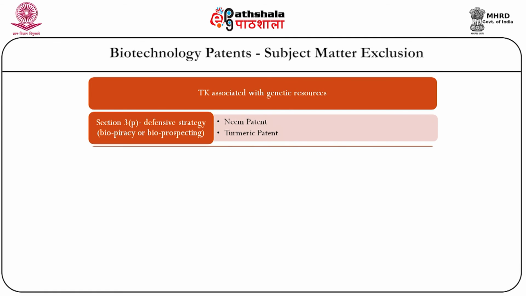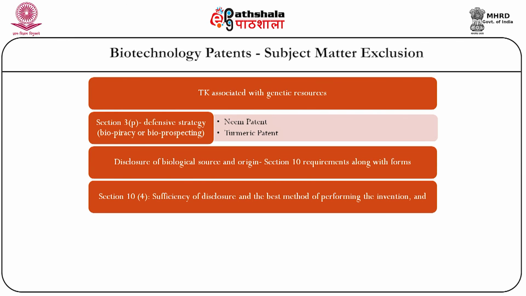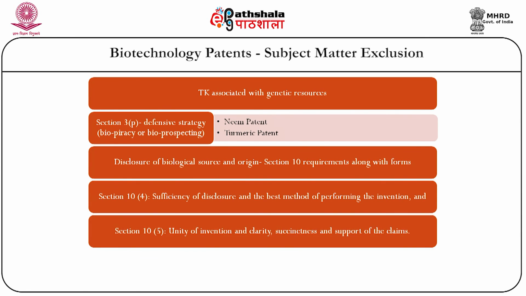And based on section 10 requirements, you now have the disclosure of biological source and origin of the particular biological material, wherein such material has to be deposited with the repository, wherein without such disclosure, the patent application is, or the grant of the patent is liable to be revoked. Section 10.4 deals with sufficiency of disclosure and the best mode of performing the invention, and section 10.5 deals with the unity of invention and the support of the claims, which are all relating to how you claim biotechnology subject matter.